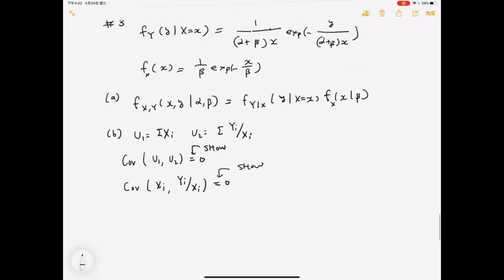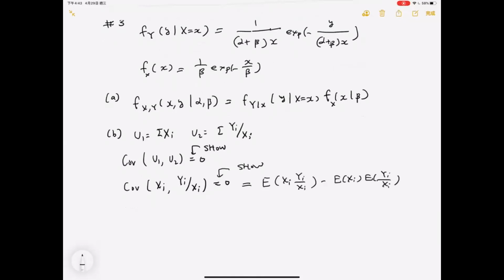More likely, if you are a general person, you do this: you try to compute the covariance of xi and yi divided by xi. You take the expectation of the product, then minus the expectation of xi times the expectation of yi divided by xi.